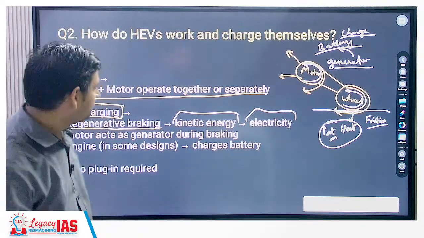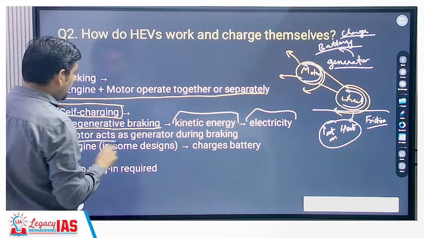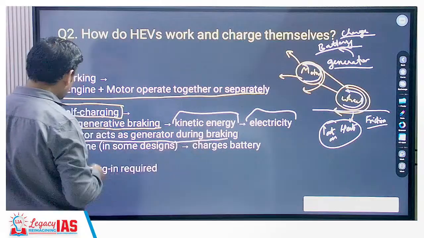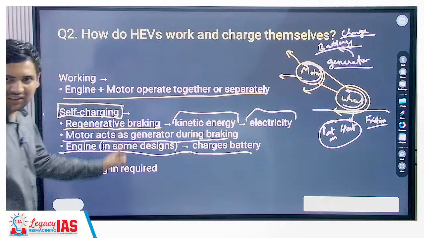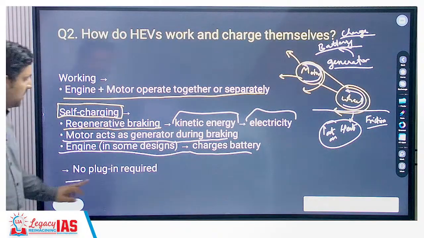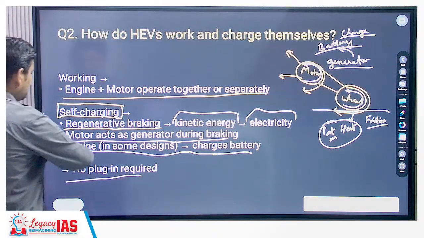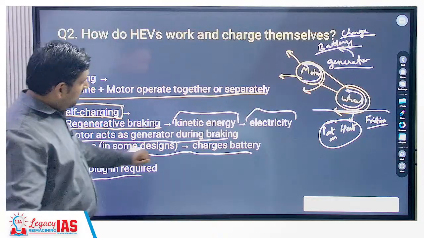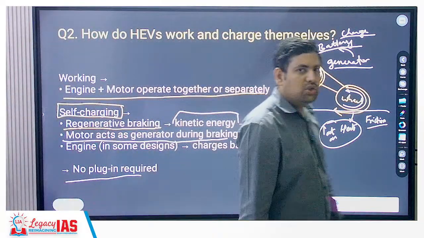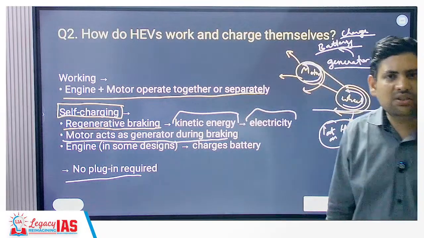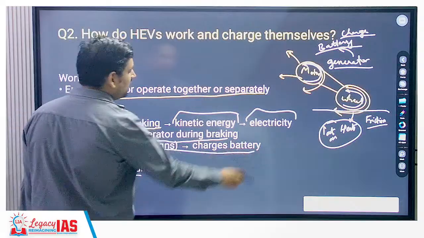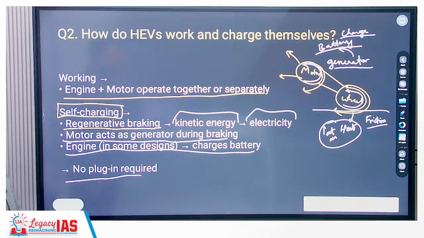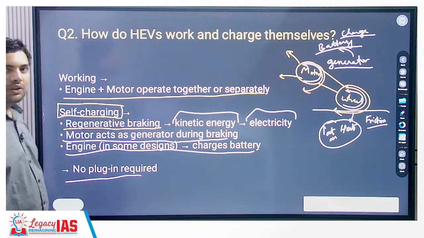Okay, then next, motor acts as a generator during braking. This is fine. Then engine in some designs charges battery, as I explained to you. Then no plug-ins required. So now this is another way where what you can do is, using the internal combustion engine, you can generate electricity, of course, and from that you can charge the battery. Why is it said that no plug-ins will be required?